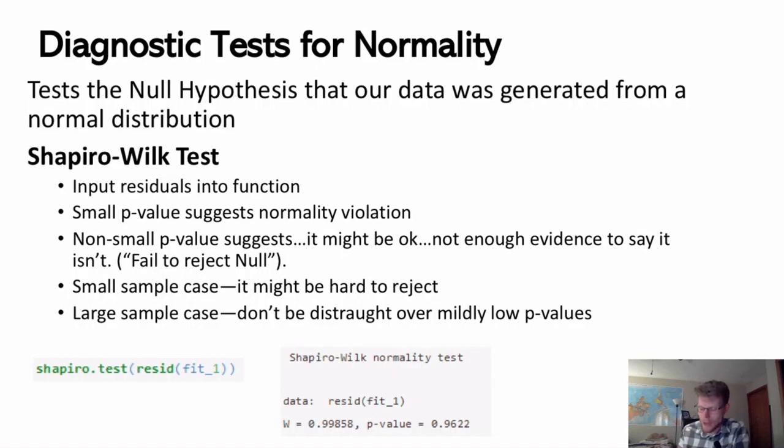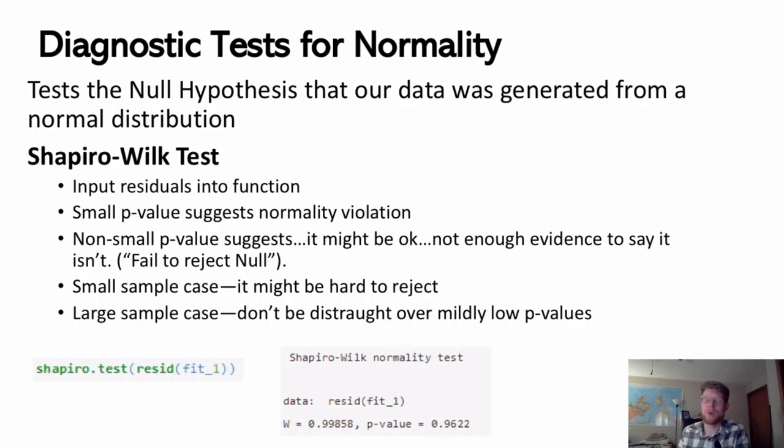So our p-value, we're going to judge it the same way, where a p-value of 50% means that we're performing exactly about how we would expect by random chance. The lower it is, the more unusual this is to see by random chance, if this is really normal. Now here's the thing though, when we have a low p-value, that gives us clear evidence that this is probably not normally distributed residuals.